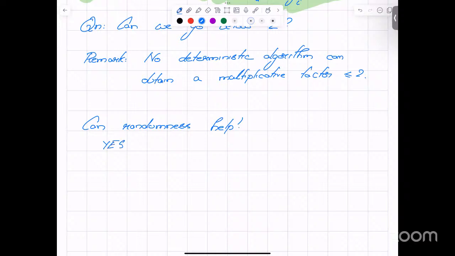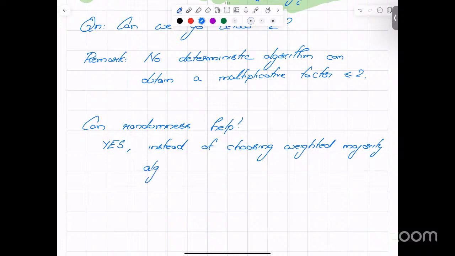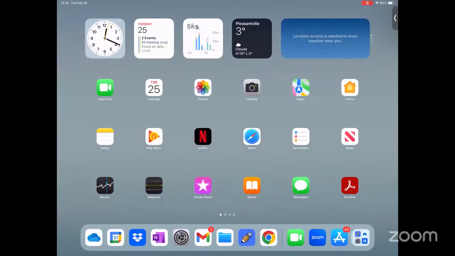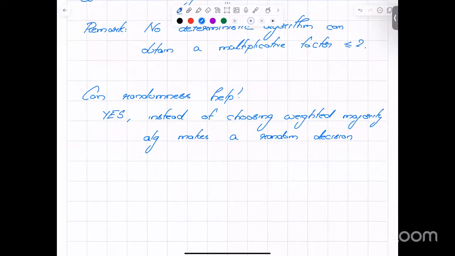Instead of choosing the weighted majority, the algorithm makes a random decision, distributed according to the weights.